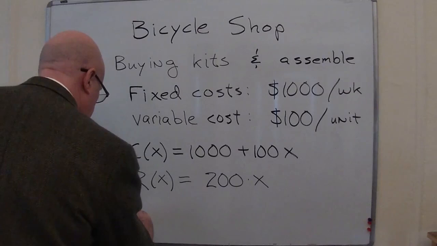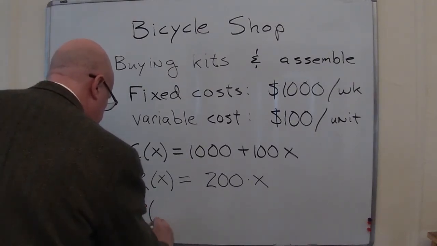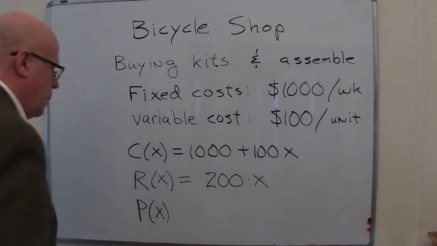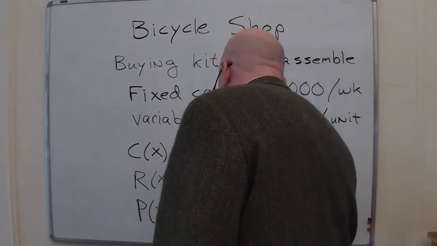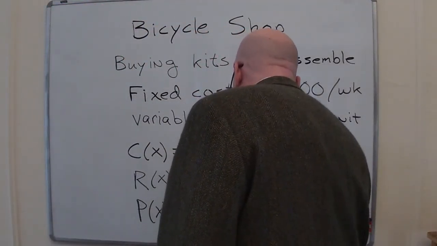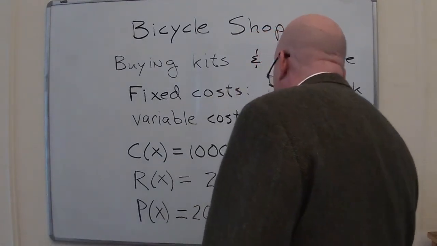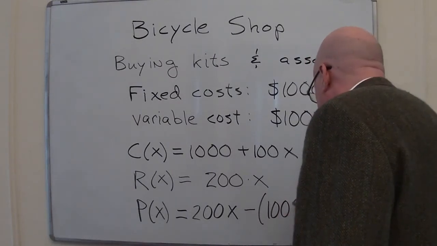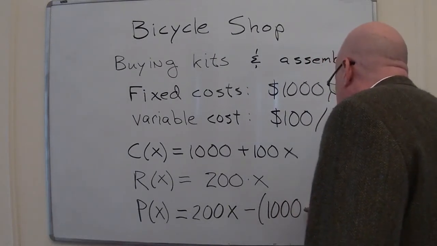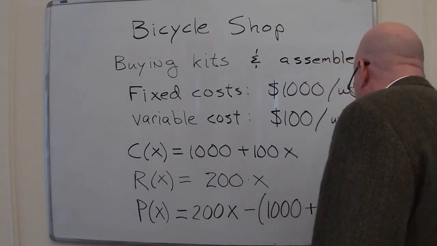And then that makes your profit revenue minus costs, right? So 200x minus (1,000 plus 100x).